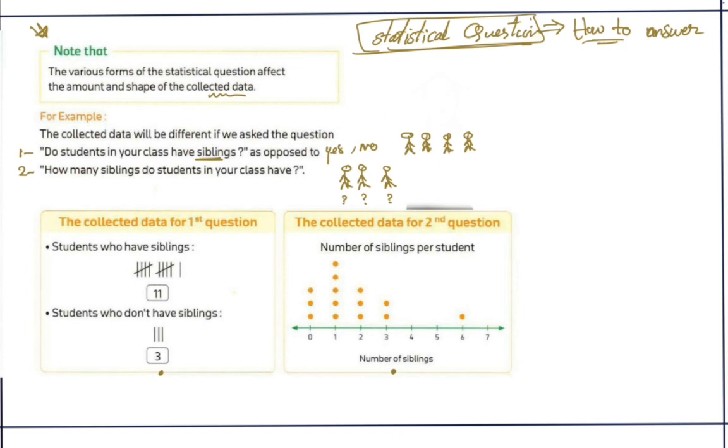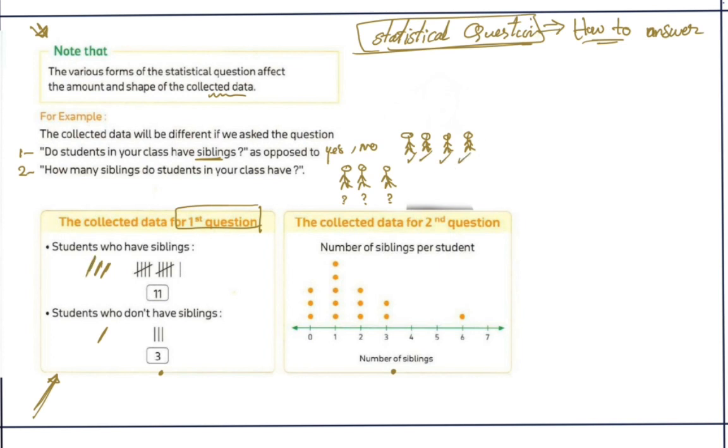So for the first question, he used this tally chart. As he asks the first one, do you have siblings? Yes. He puts a tally here. Another one, do you have? No, here. Another one, yes, here. Another one, yes, here.